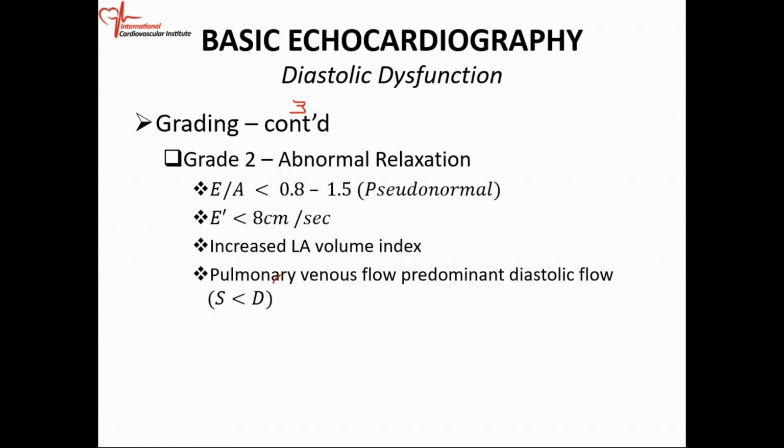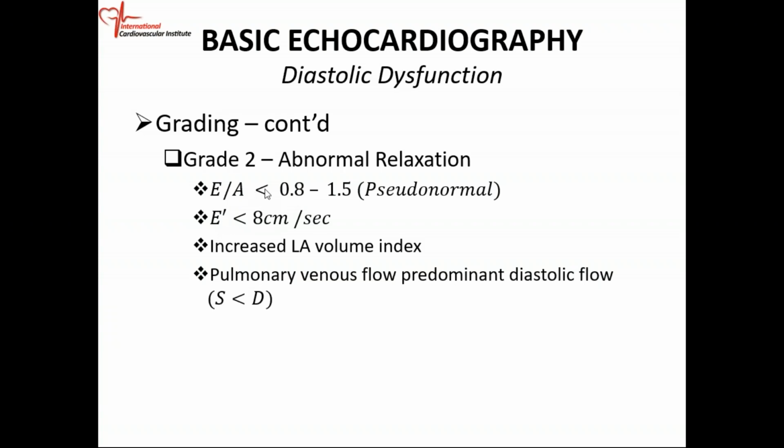So if your TR velocity is greater than 2.8 meters per second, then it satisfies the criteria for grade 2 diastolic dysfunction. Again, this is pseudo-normal. The E is usually bigger than the A. It looks normal. That's why they call it pseudo-normal. It looks normal, but it is not normal. And you're going to have E prime less than 8 or 7 centimeters per second.